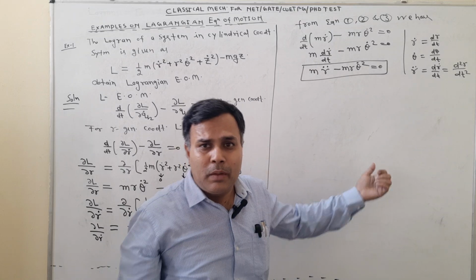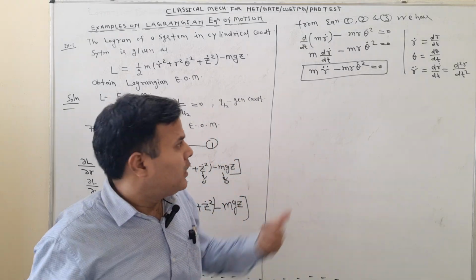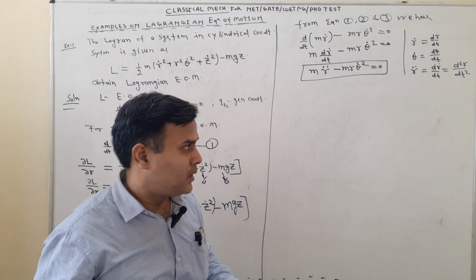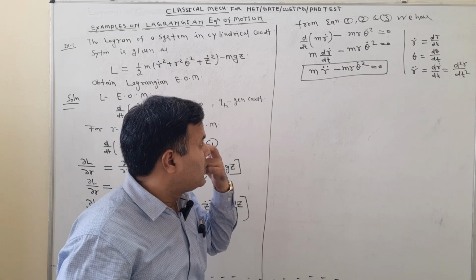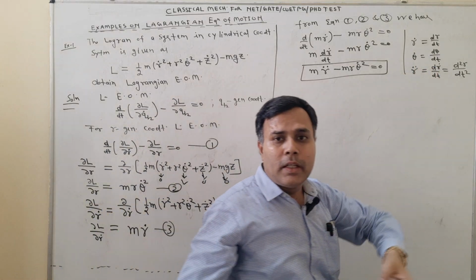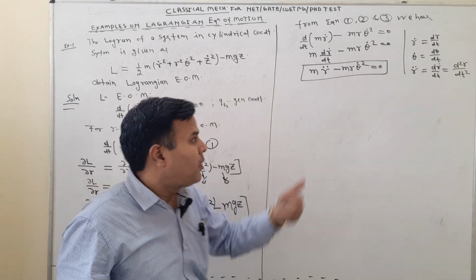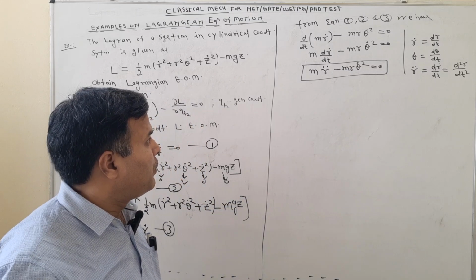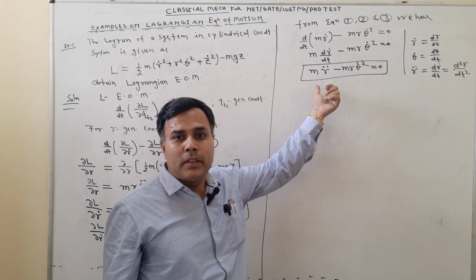This is partial, but if it is a function of only one variable, then it will be converted into total differential. So there is no difference between partial and total if our r is only a function of one variable.